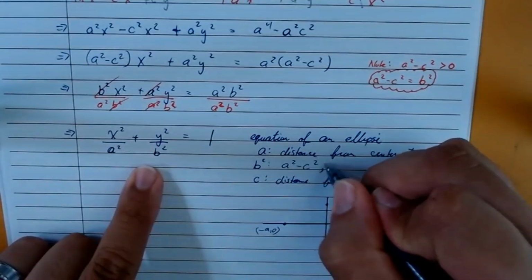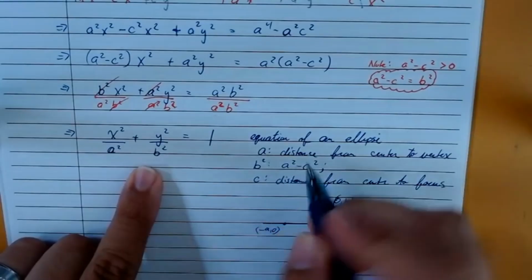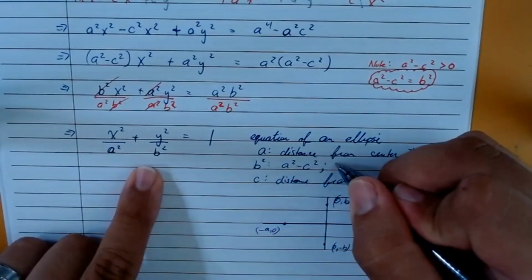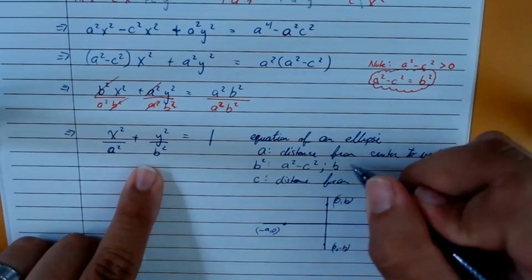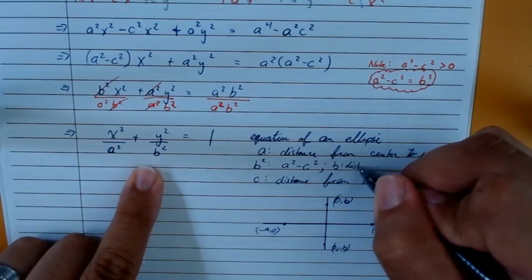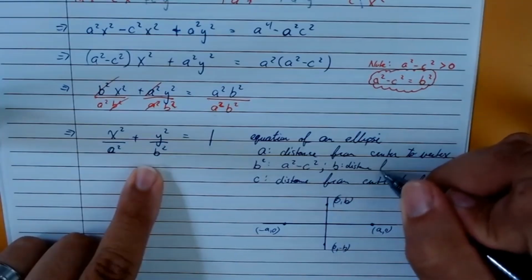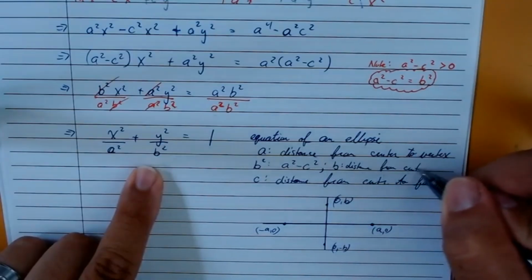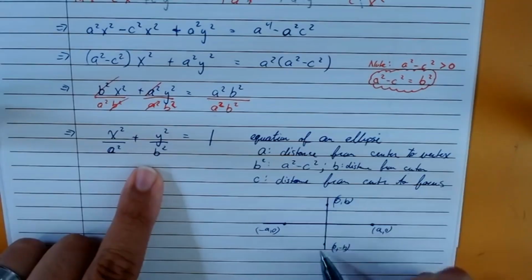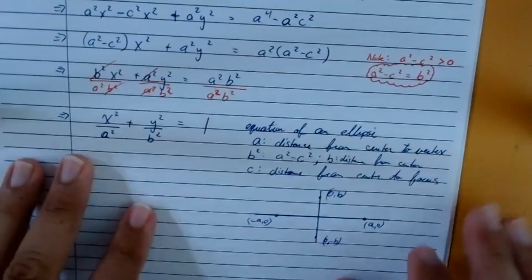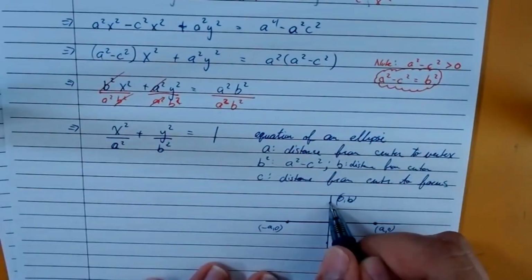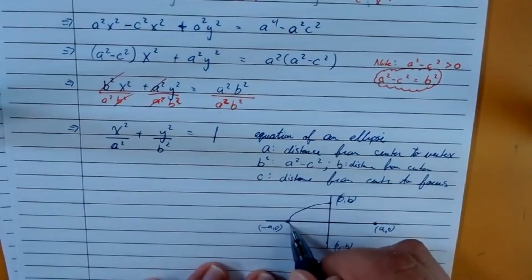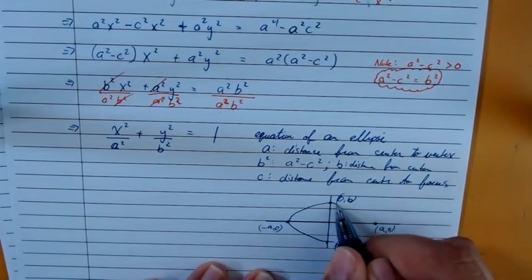Because after all, b squared is found by taking a squared minus c squared, but also b is the distance from the center, either up or down. Now, keep in mind later on we'll have these rotated, not necessarily lined up perfectly to the axis.